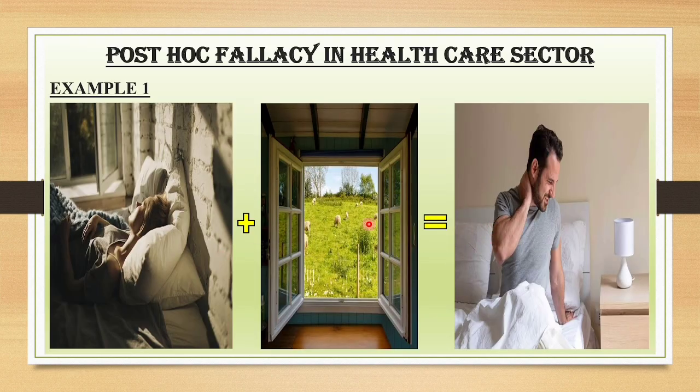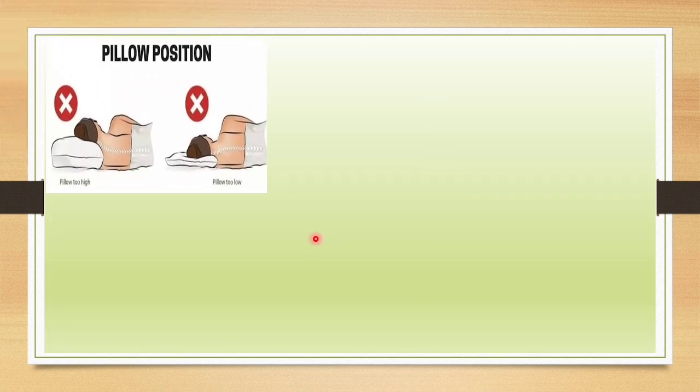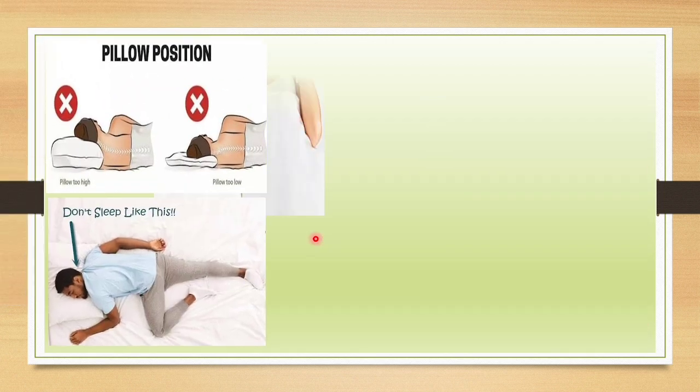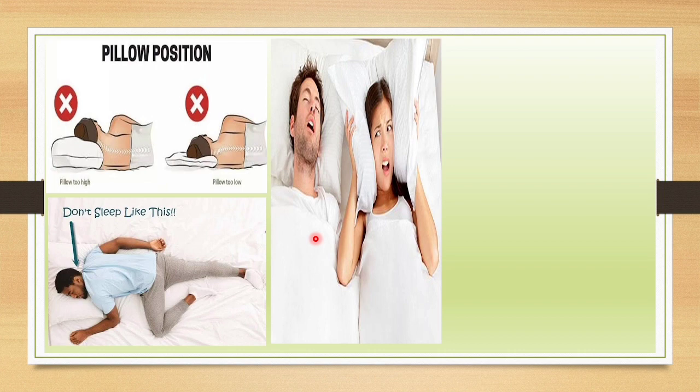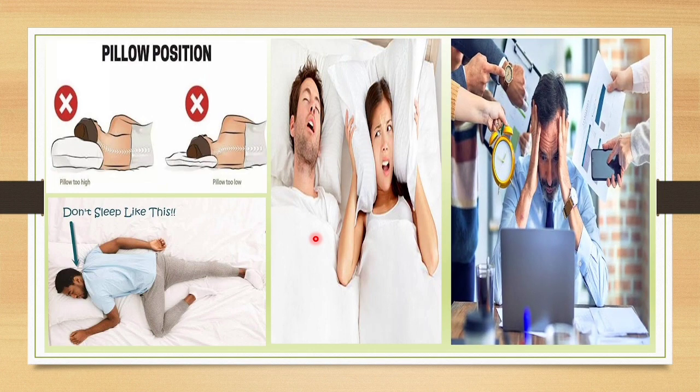You then assume that the draft from the open window caused your stiff neck, which is a post hoc fallacy, as it might have been many other things such as your faulty positioning, your partner snoring all night and disturbing you, or even stress at work the day before that can cause your neck issues.